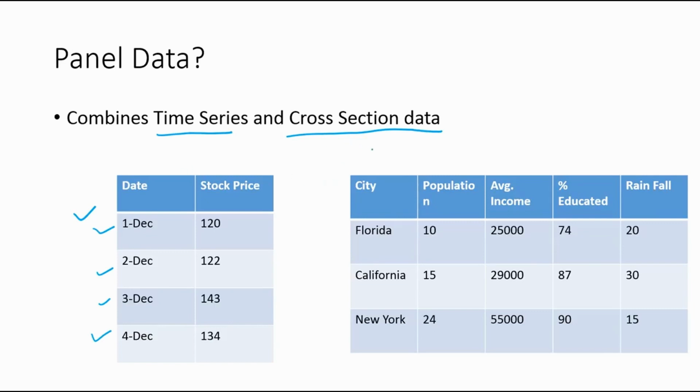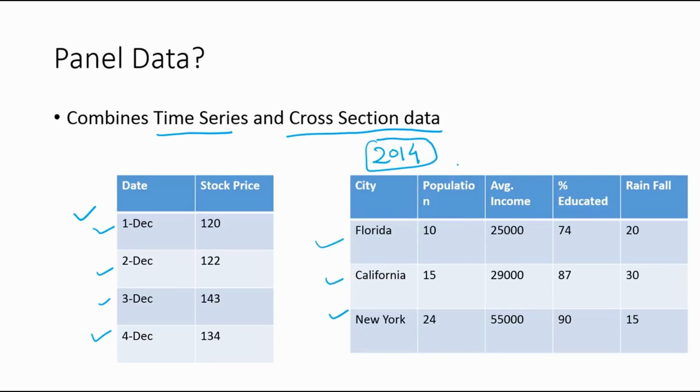So what is cross-section data? In cross-section data, you won't have the time component. So here is an example. We have got data for different cities in United States for a particular year. Let's say the year is 2014. So for 2014, we have got data for 3 cities, Florida, California and New York.